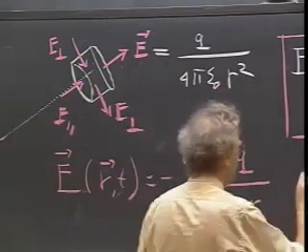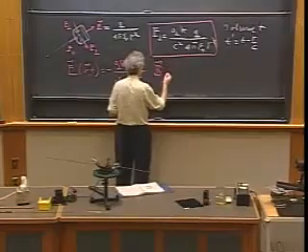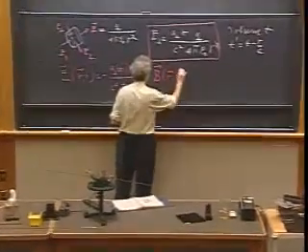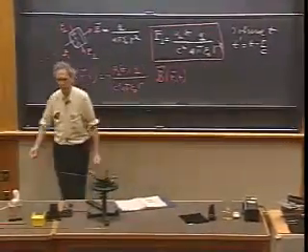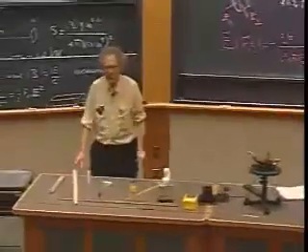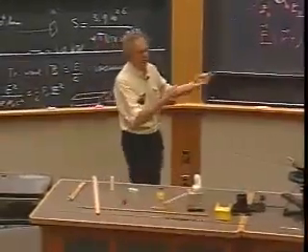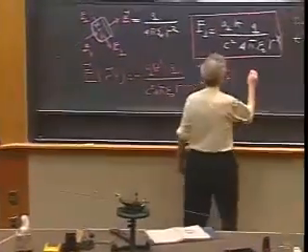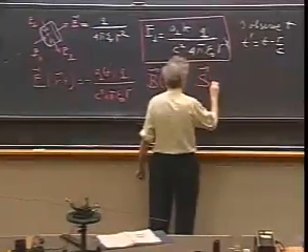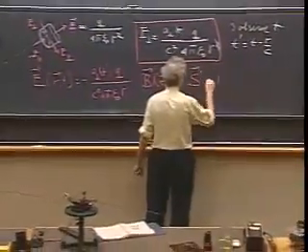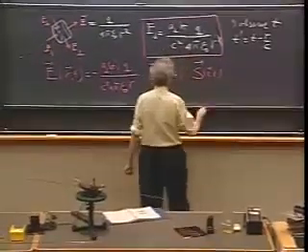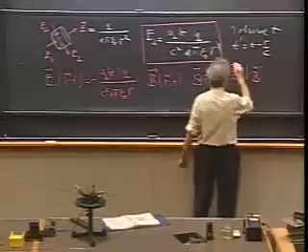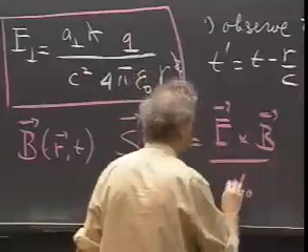You have the privilege to write down for me or for yourself what the associated B field is. It's very easy, of course. The strength of the B field is c times smaller, and you must make sure that E cross B is in the direction of propagation. So I leave you with that. And then we get that the pointing vector, as a function of r and t, is E cross B divided by mu 0.